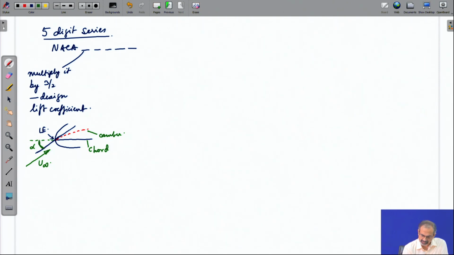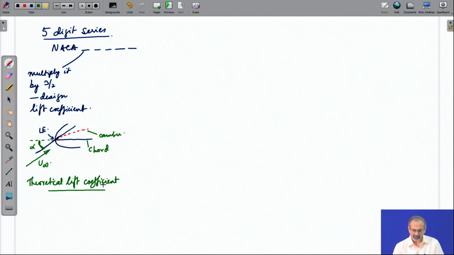At that angle of attack, if the free stream is approaching this airfoil nose, you would have a theoretical lift coefficient corresponding to this angle of attack. This is basically based on inviscid theory.